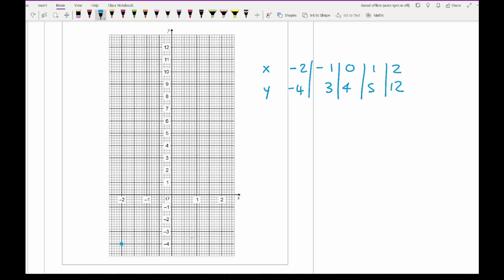Then minus 1, 3, which is there. 0, it's 4. At 1, it's 5. And at 2, it's 12. So it's going to produce an S-shaped curve. To the best of my ability, and this is really difficult doing on the computer, you then want to join those points up with a smooth curve, so it looks something like that.